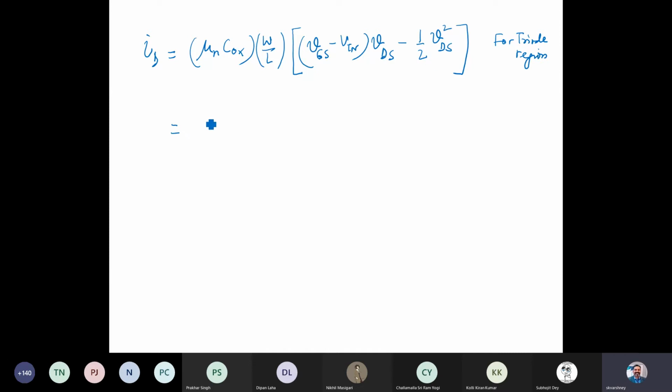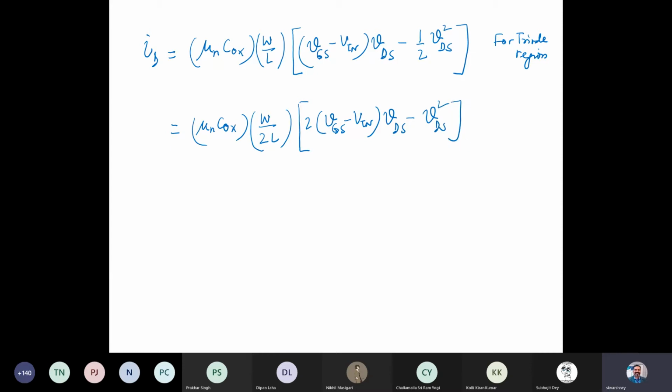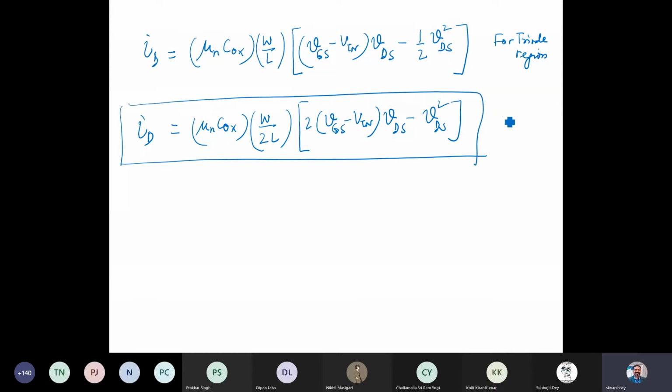We can write this as ID equals mu n Cox W by 2L, times twice of VGS minus VTN times VDS, minus VDS square. So this is true for the triode region.